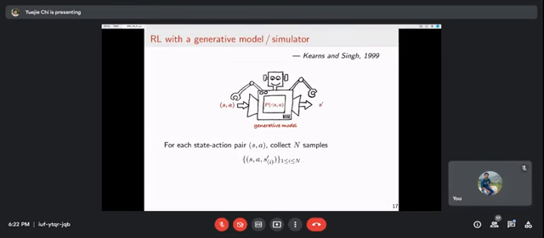To do so, I need to figure out a way to know where I'm generating my samples. In this talk, we'll be focusing on the simple setting where I assume I have a generating model. This is a model that allows you to query any given state-action pair, and for that pair, the generating model will tell you what the next state will be.